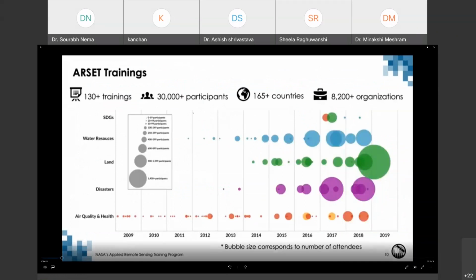This infographic gives the timeline for RSET for its first 10 years from 2009 to 2019. Each bubble size corresponds to the number of attendees per training and application area. For RSET's first 10 years, the program held more than 130 trainings with over 30,000 participants, joining both in person and online from across the planet.